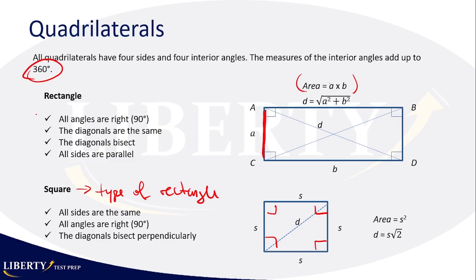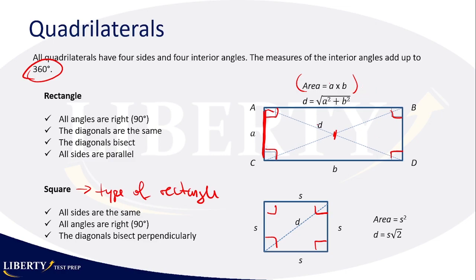What are the characteristics of a rectangle? All the angles are right. The diagonals are the same: both have the same length. The diagonals bisect, meaning they cut each other at the midpoint.